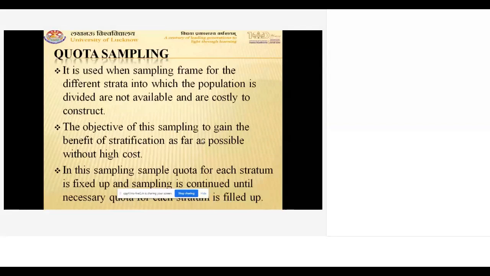The third one is quota sampling. This is similar to stratified sampling, where we divide the population into a number of strata, and from each stratum we select a sample of some specified size, which is called a quota.